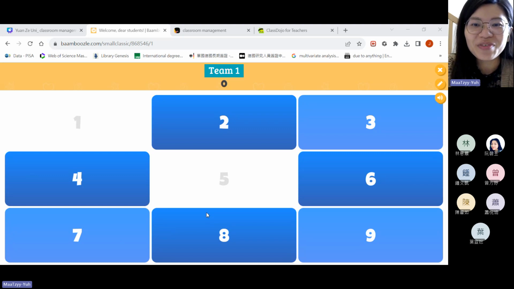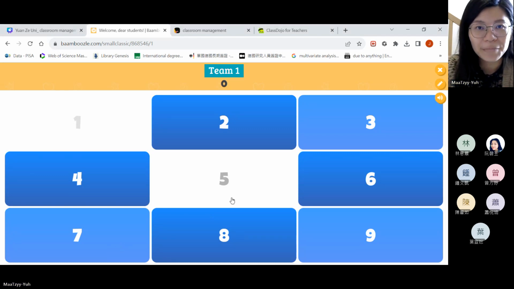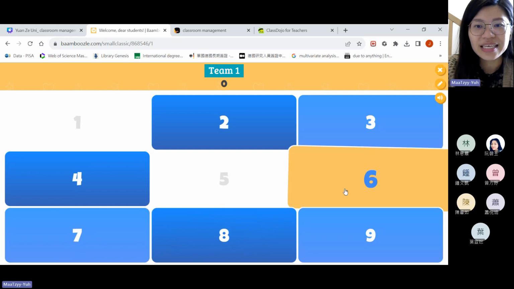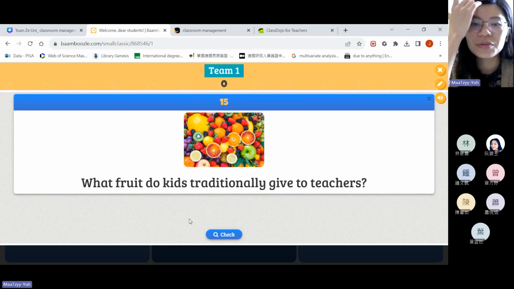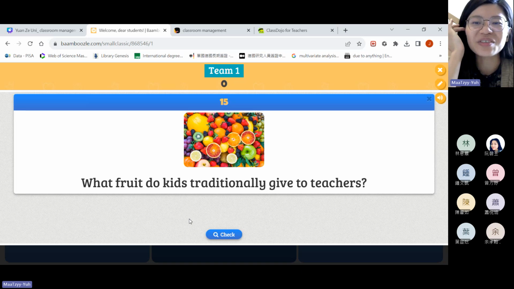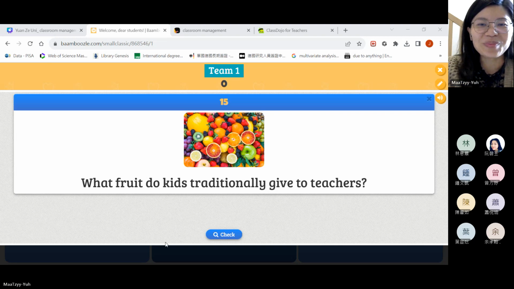And then number three, Wei Ru, can you please choose a number? Number six, thank you. So what fruits do kids traditionally give to teachers? Or you can just make a wild guess. I think it's a little bit traditional, and maybe there might not be a correct answer. Can you guess? What would you give your teacher?